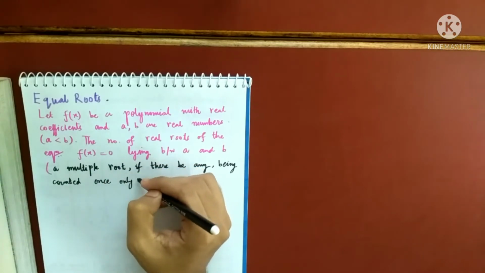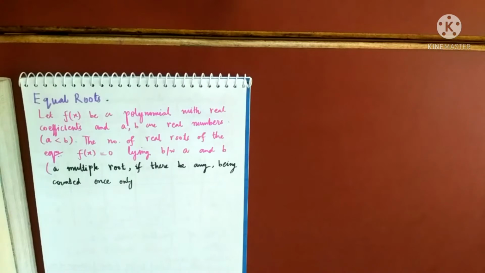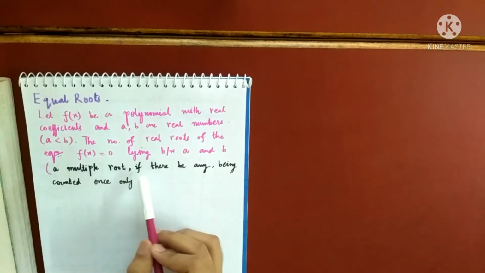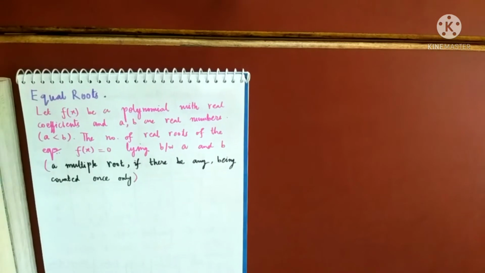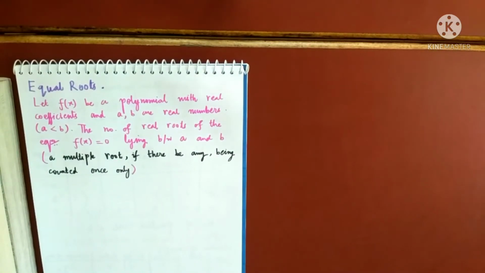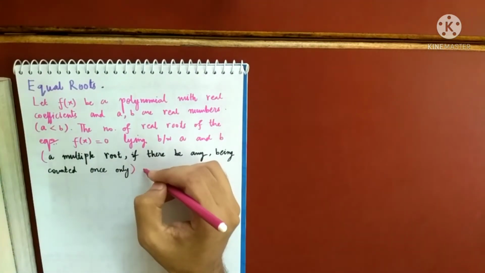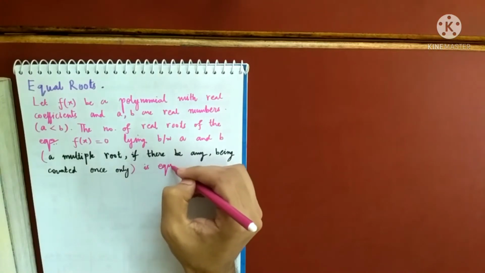So suppose your equation has a root 2 which appears 3 times. The algebraic multiplicity of that root is 3, but we'll count that as once. So multiple root, if there be any, being counted once only. So we will not count multiple roots twice. Keep that in mind.